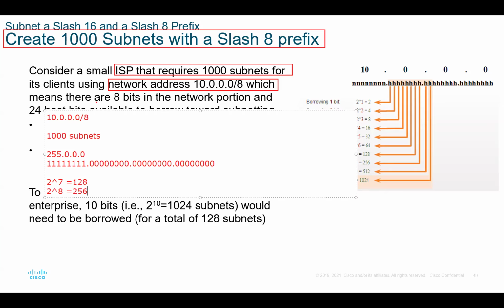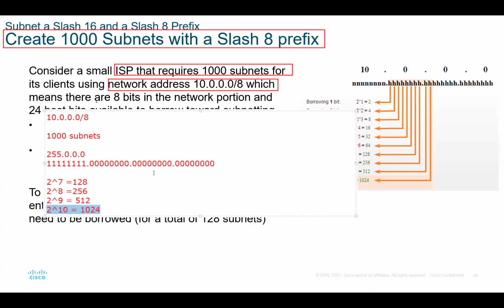Still not enough. 2 raised to power 9 will give us 512, which is still not enough. 2 raised to power 10 will give us 1024.